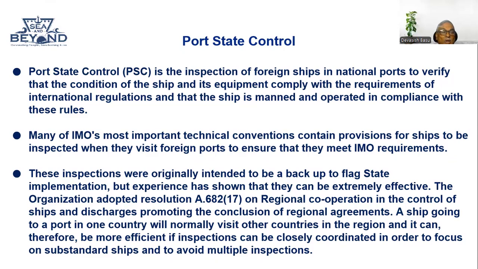A ship going to a port in one country will normally visit other countries in the region, and it can therefore be more efficient if inspections are closely coordinated in order to focus on substandard ships and to avoid multiple inspections. So there is coordination between different regimes of port state control. The idea is to target substandard ships, that means ships which are not maintaining themselves.